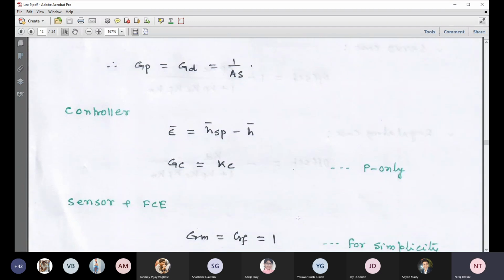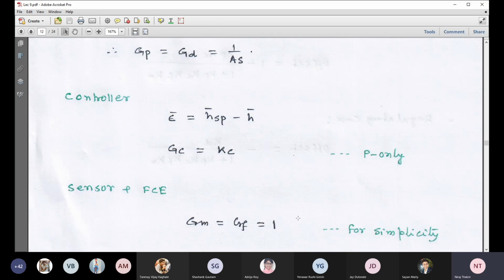And for the sensor and final control element, we are considering their transfer functions as one just for simplicity.